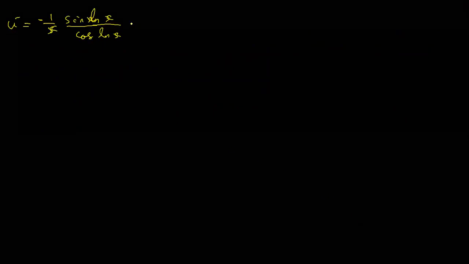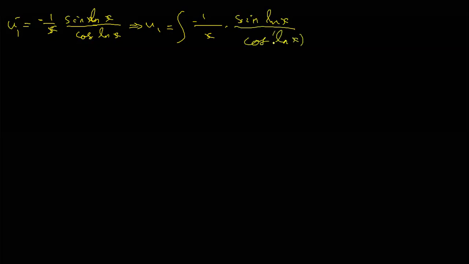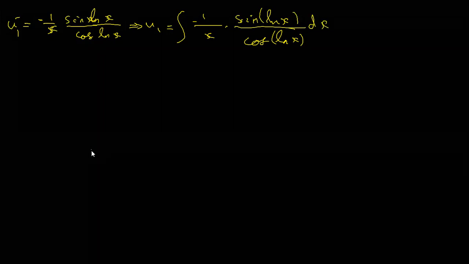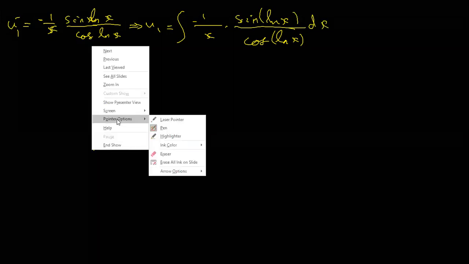Now I need to integrate this. So u1 equals the integral of negative 1 over x times sine ln x divided by cosine ln x. Any help to integrate this complicated function? What do you think? Ln cosine ln x?